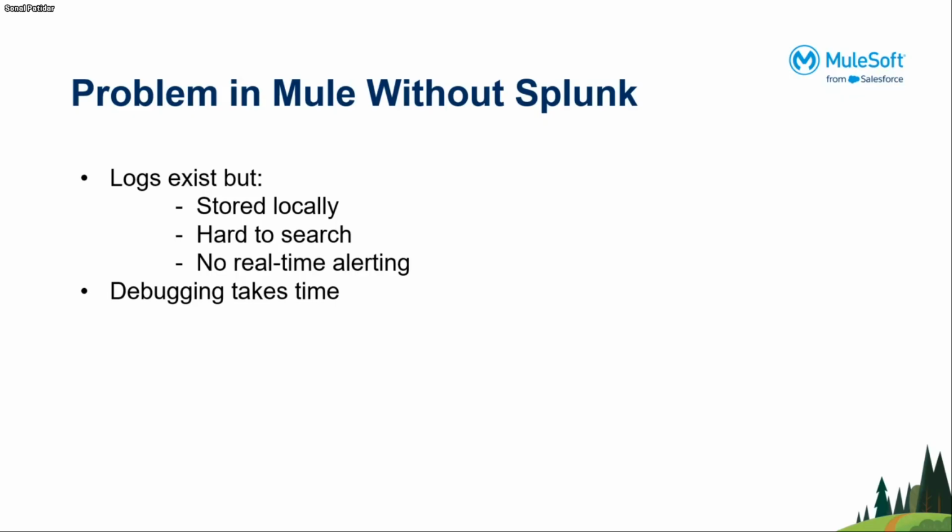Doing this in production with thousands of log lines is time consuming and inefficient. And if something breaks, like an API failure, we won't know immediately. So we use Splunk. This problem will be resolved with Splunk Enterprise.